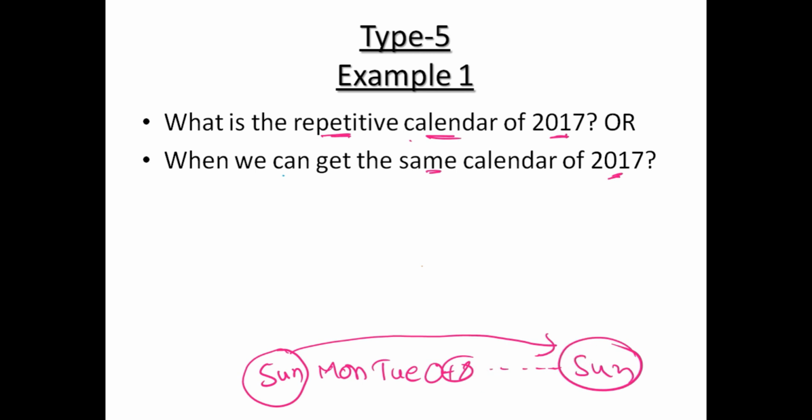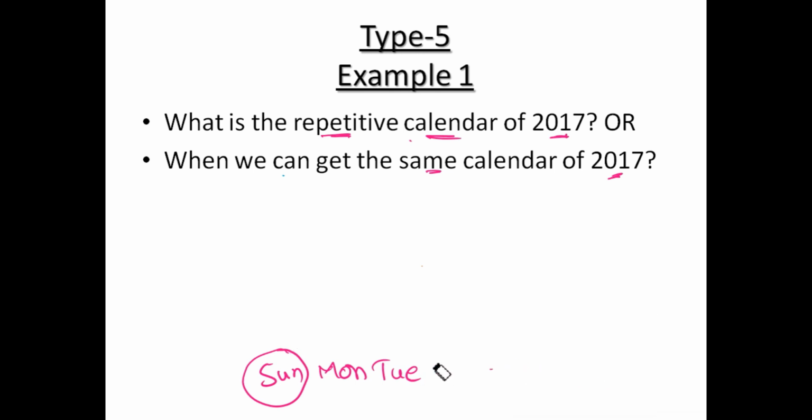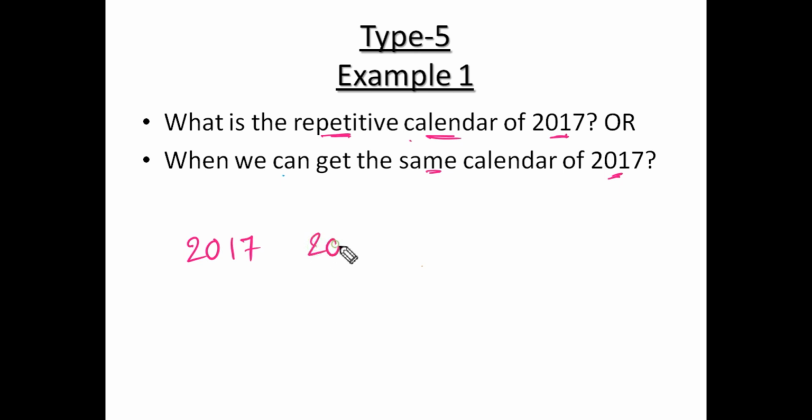So I am applying the same procedure that I have mentioned here. Start from the given year 2017, 2018, 2019, 2020, 2021, 2022, and so on.